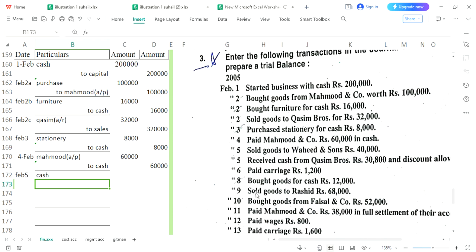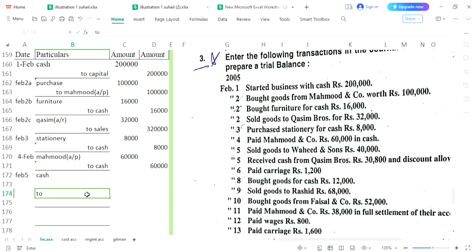Qasim was the person from whom the amount was receivable, and now you have received that amount. It means he is no more your account receivable, no more your asset. The asset has decreased, and a decrease in asset should be mentioned on the credit side.